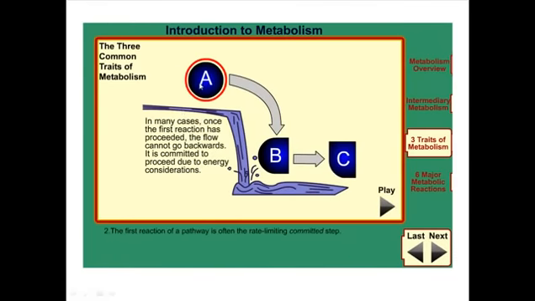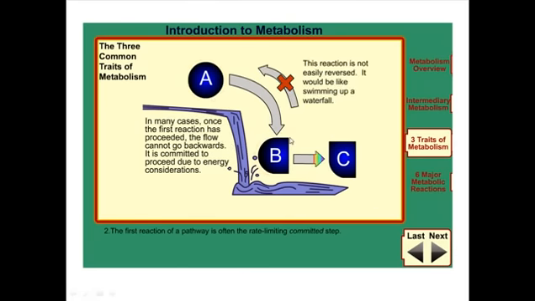So we have a reactant over here, A. We have the intermediate B, and we have the product C. C is at a much lower energy level, and A is at a much higher energy level. So if we want this reaction to occur, it will occur spontaneously, because it goes from a higher energy state to a lower energy state. That's why it will occur really fast.